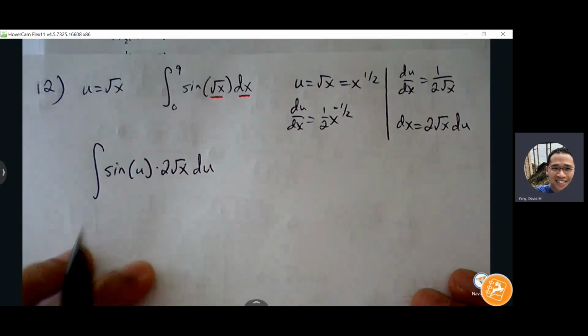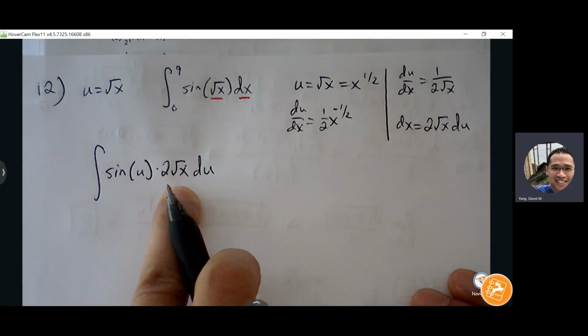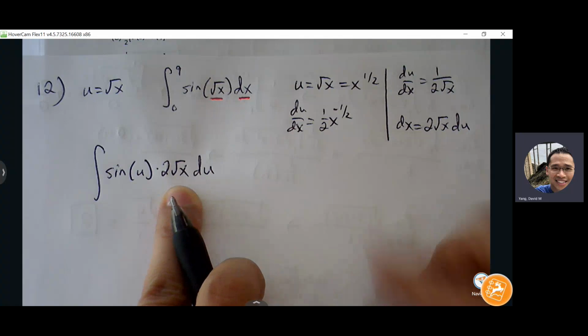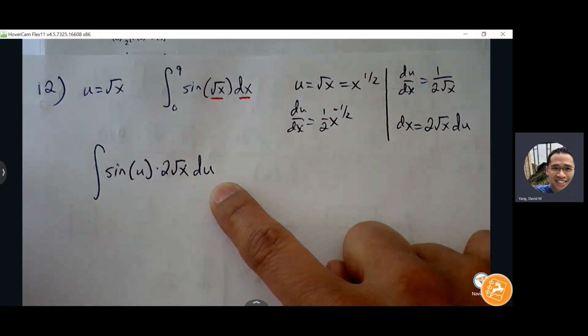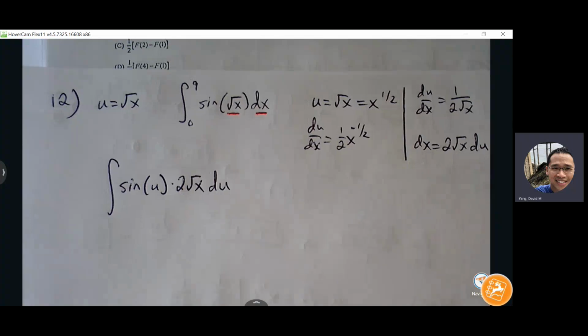Okay, we see that the root x is not going anywhere, but we know that u equals root x. And if you look at your answer choices, looks like they're able to just represent everything in terms of u. So why don't we just make that substitution?